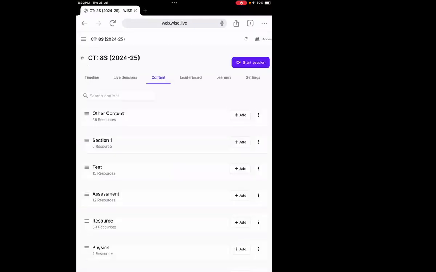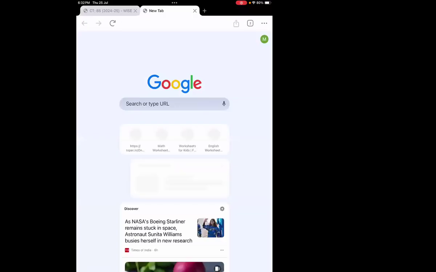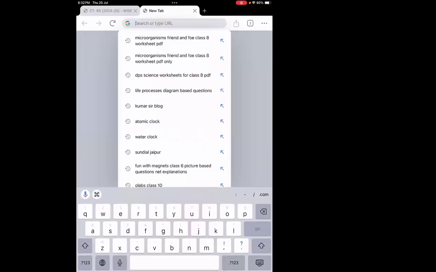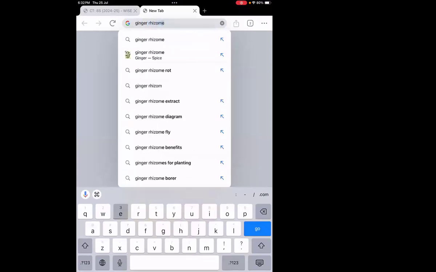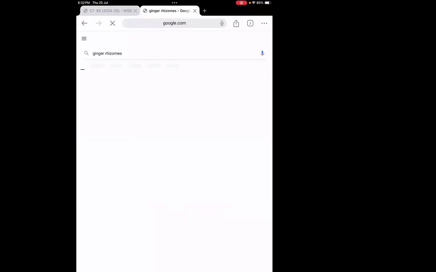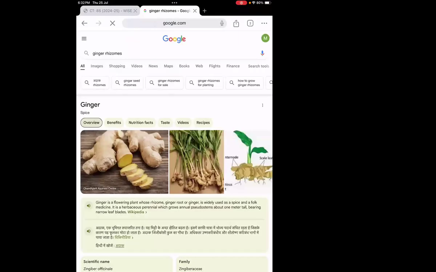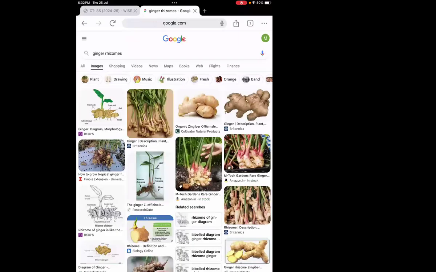So in the first one, the rhizome. See, the ginger rhizome will look like this. When we take the ginger out, it has this kind of structure, and that is the rhizome.